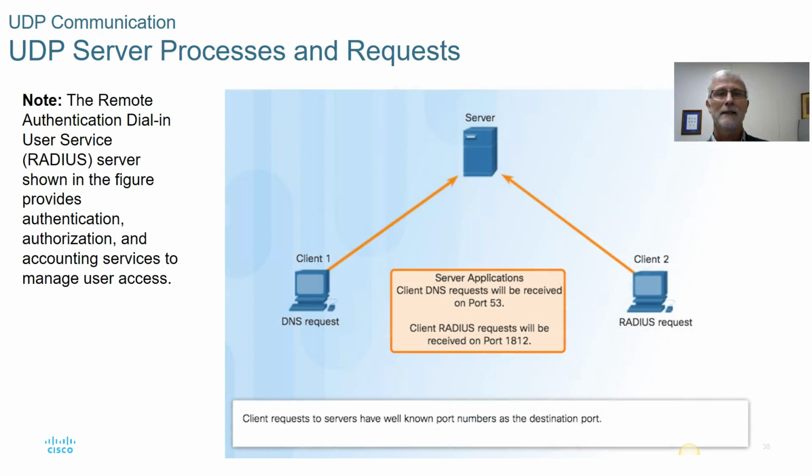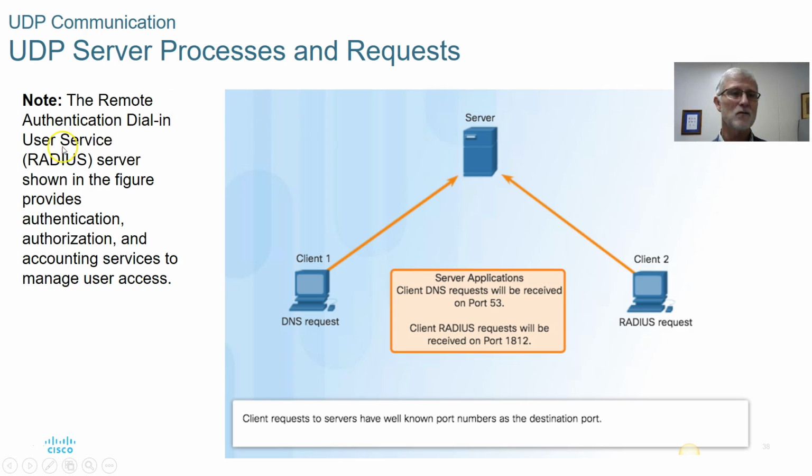Now, in some cases for security purposes, you can have a remote authentication when you dial into a server or a service. That's called a Radius server. It basically says, I'm making a request. It goes to the server, which says, if you've got the right login and password, then I will provide the appropriate destination ports needed.